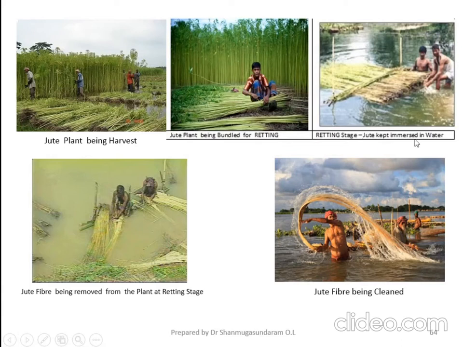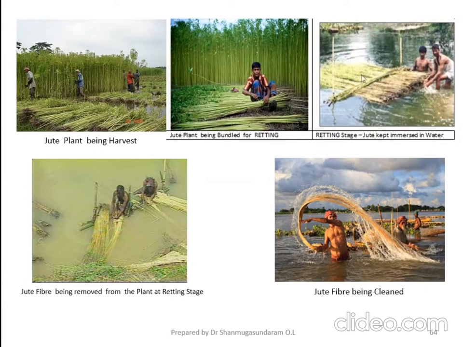Please look at the figure. This is how the jute plant is harvested. Then how the jute plants are bundled for the retting process. Then the retting process is carried out. This is stagnant water retting, the extraction of fiber from the plant.